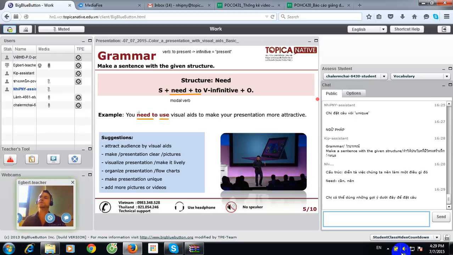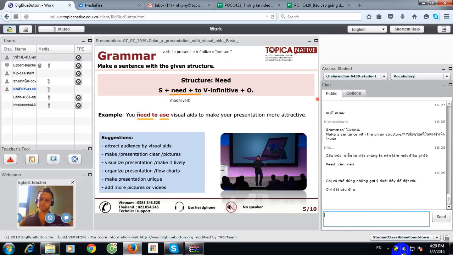And I'd like to start with Lang. You need to use body language to attract audience by visual aids. Wow, that's a nice long sentence, and I think that's perfect.